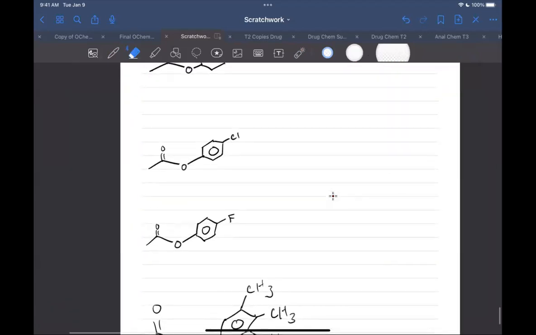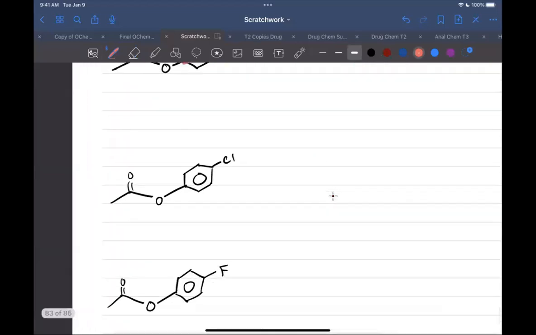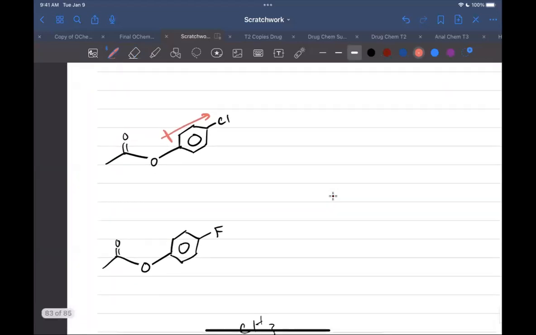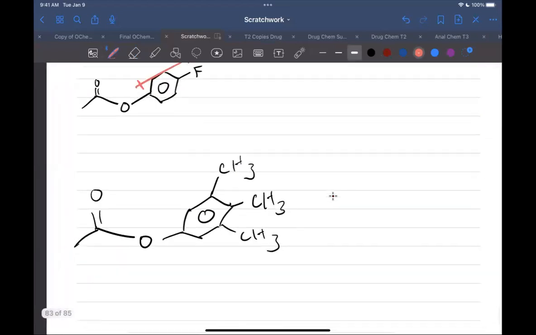And if we know that table from test one, aniline is an electron donating group, a very strong electron donator. Chlorine is a mild electron withdrawing group. Fluorine, same kind of spiel. And alkyl groups are weakly donating.